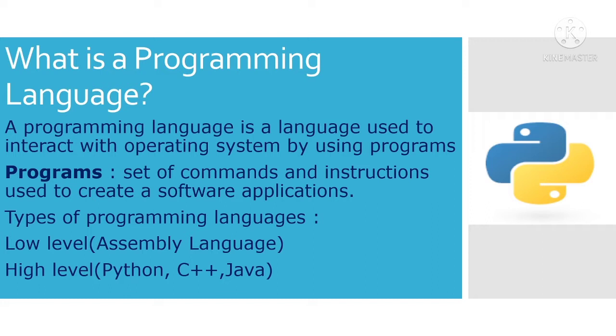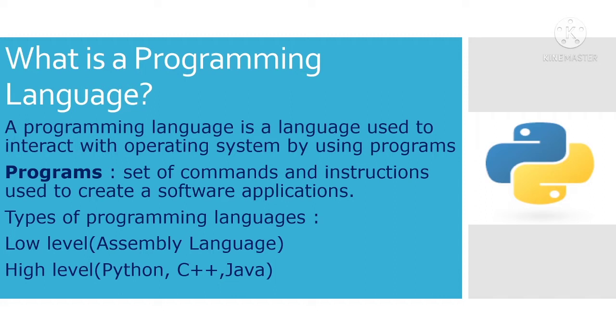There are a couple of classifications of programming languages. In those, one classification divides programming languages into two types, which are low level languages and high level languages. Assembly language is one example of low level languages.